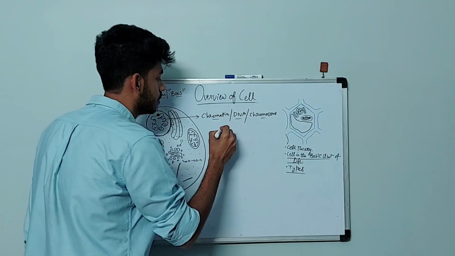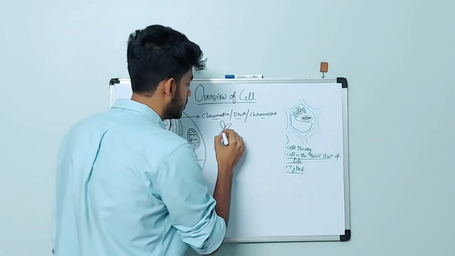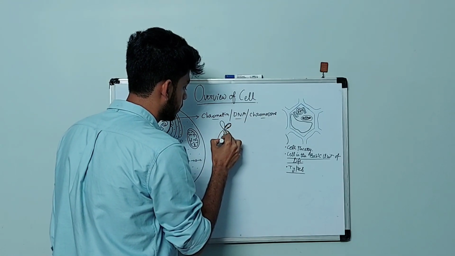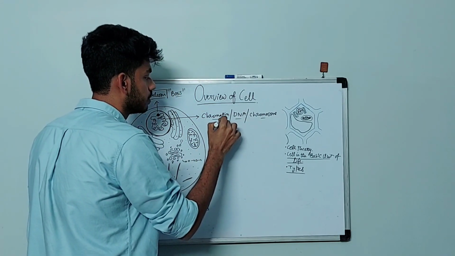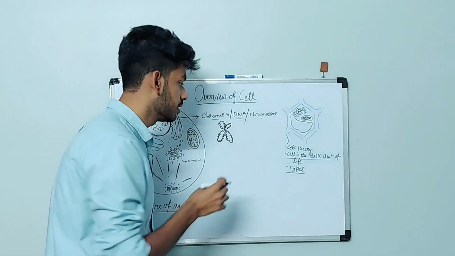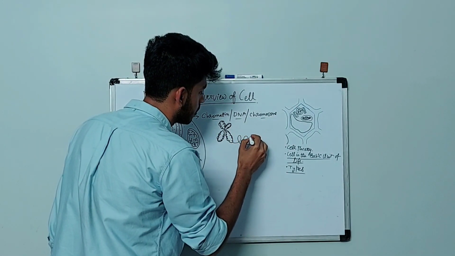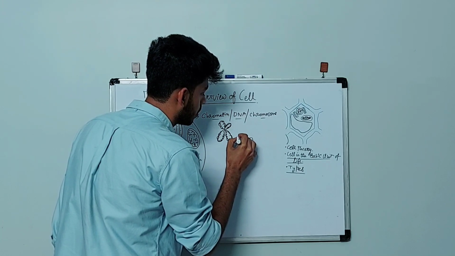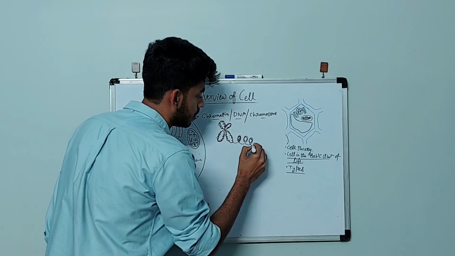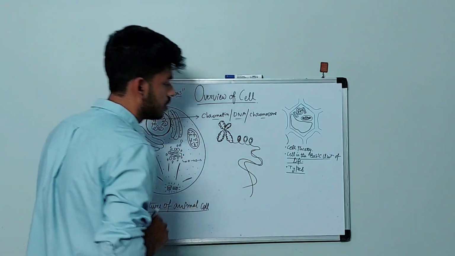So to clarify, this is a chromosome. This is the structure of a typical chromosome. And if I try to unfold the structure, what will I get?